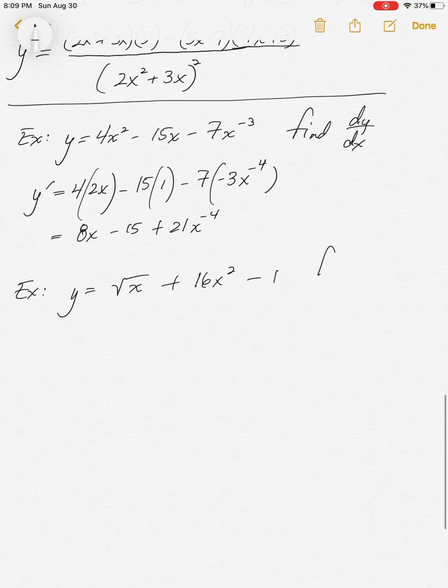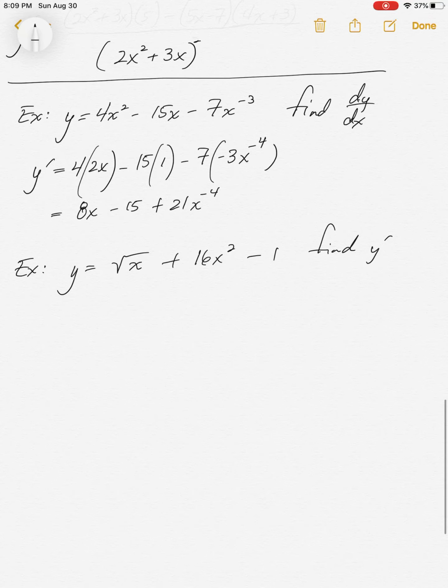All right. First thing you want to do, again, we're finding the first derivative. First thing you want to do with this is rewrite that radical as a rational exponent. So we have x is equal to the 1/2 power there.